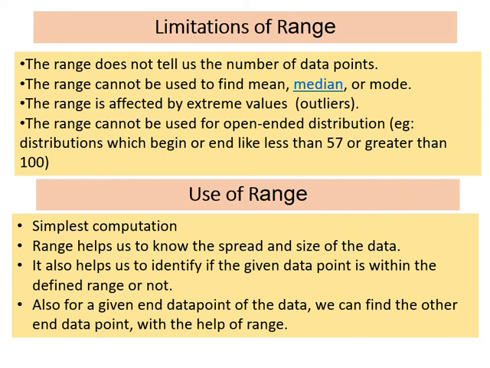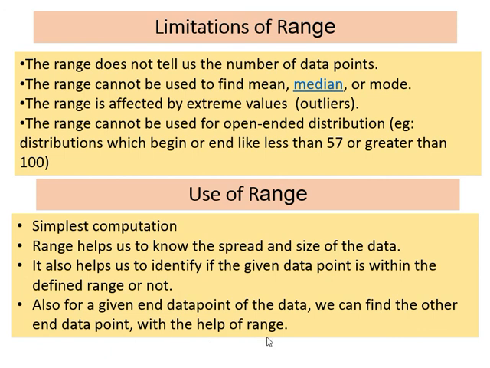So, these are the limitations, and what are the advantages or merits? The simplest computation; you can calculate it very easily. It helps us to know the spread and size of the data, how much it is spread. It helps to identify if a given data point is within the defined range or not. That means we will be able to know whether a particular data point is an outlier. Also, for a given end data point, we can find the other end data point with the help of range.